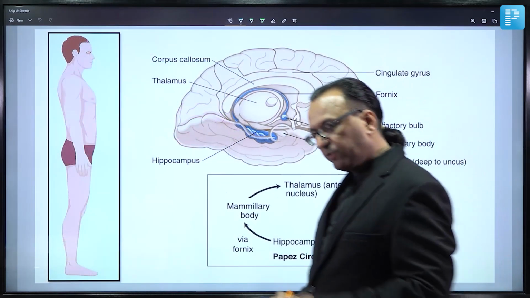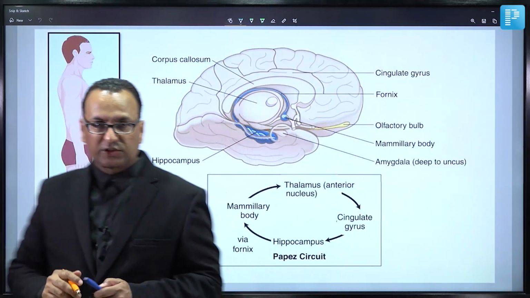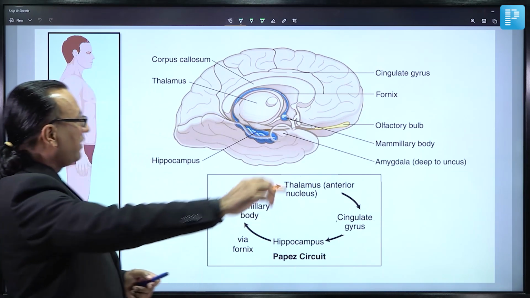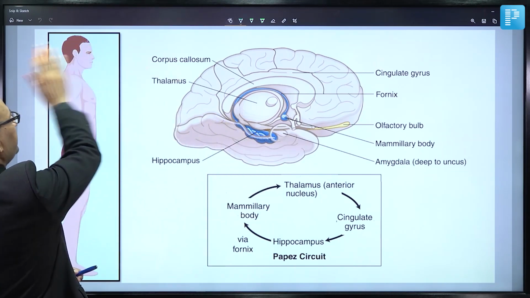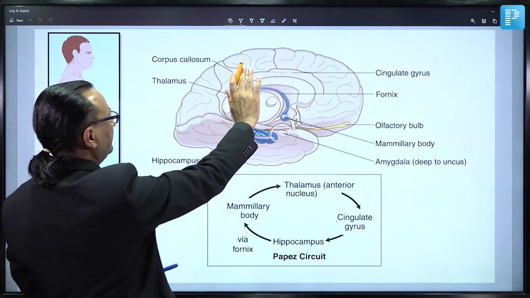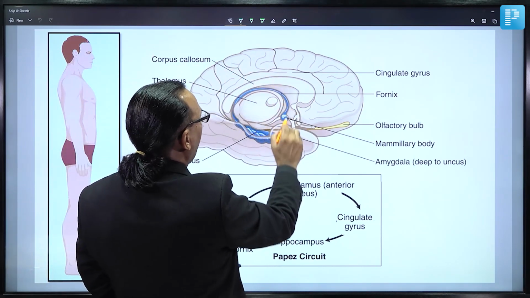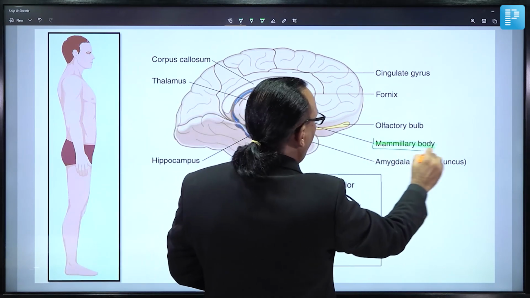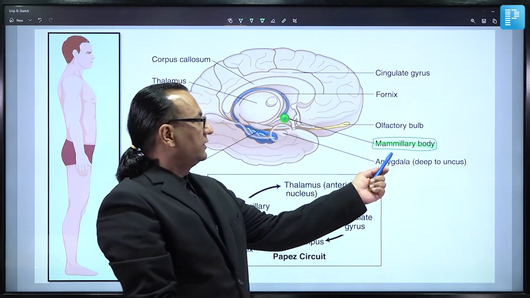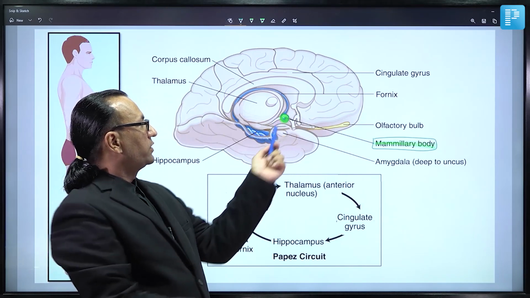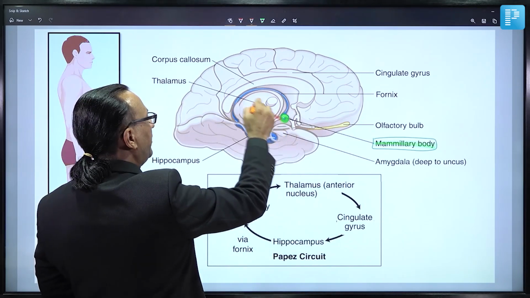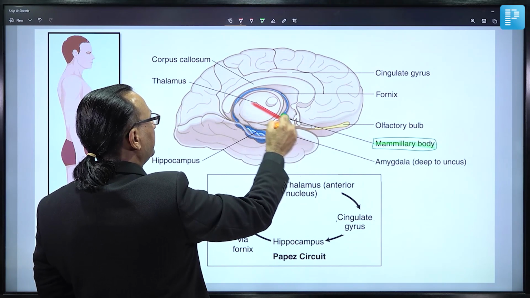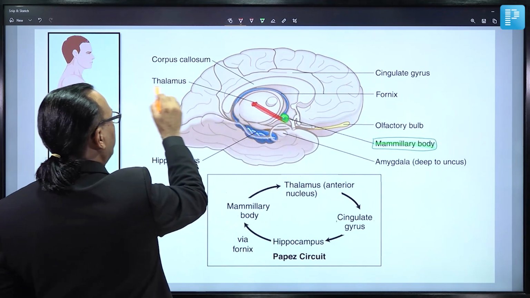So the diagram which we were having was a sagittal section of the brain, and we are looking from the side view. Anteroposteriorly we have taken the section, and the arrow mark was actually at the mammillary body, the hypothalamic region. Now, we were talking about the mammillothalamic tract, which goes from the mammillary body towards the thalamus, reaching the anterior nucleus of the thalamus.